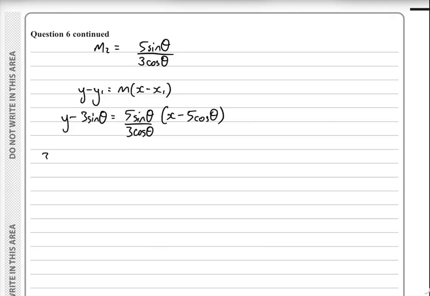That gives us 3y cos theta minus 9 sine theta cos theta is equal to 5x sine theta minus 25 sine theta cos theta.